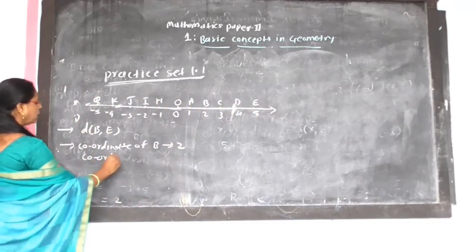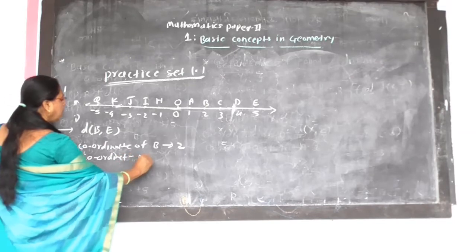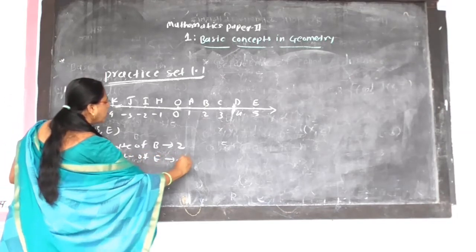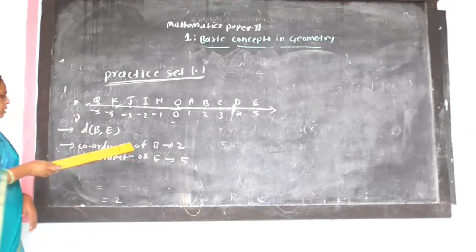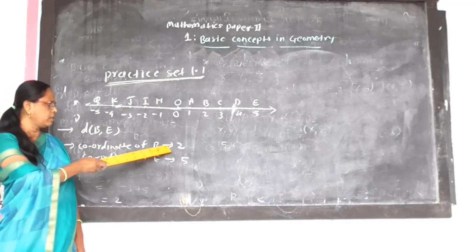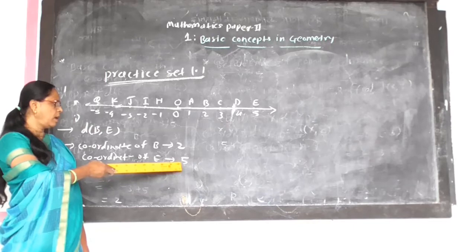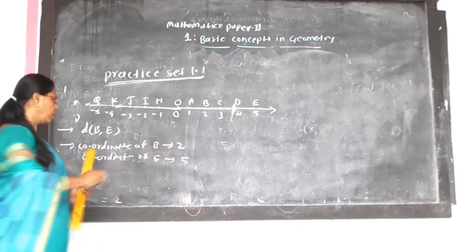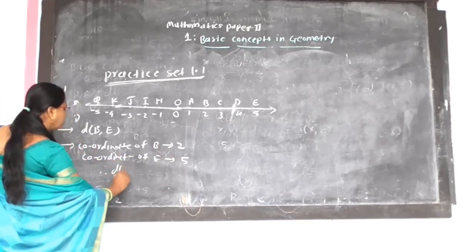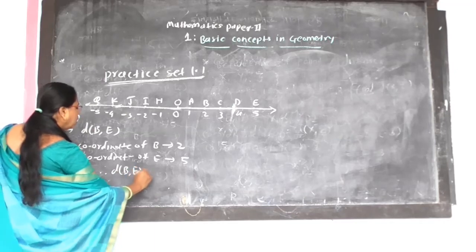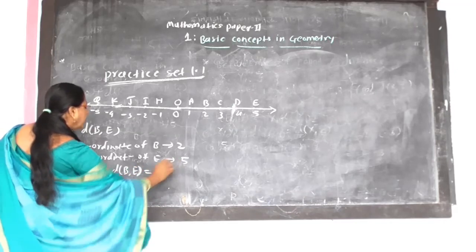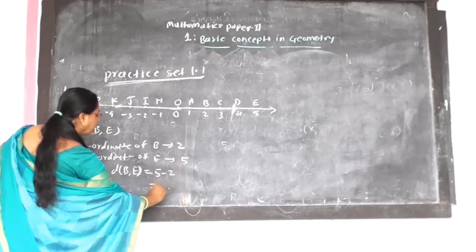Of these two coordinates, 5 is greater and 2 is smaller, and therefore distance BE is equal to the larger number minus the smaller number, equal to 3.